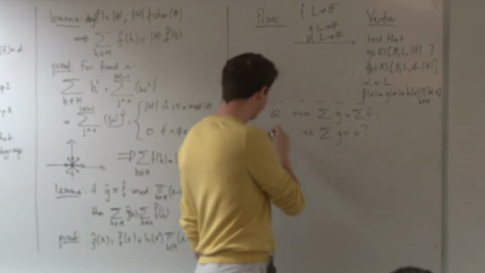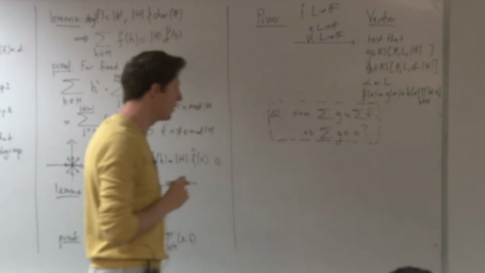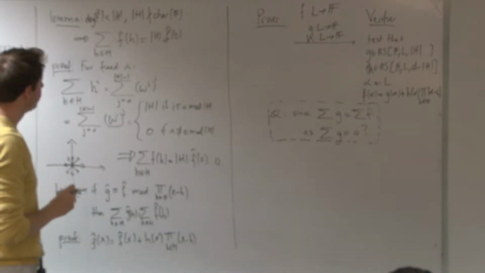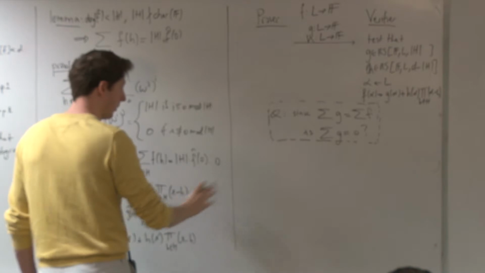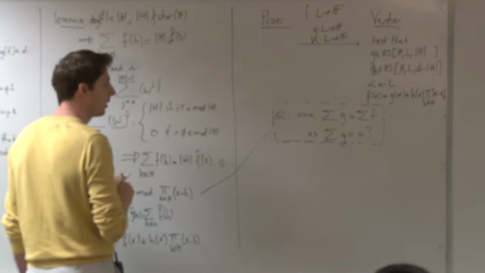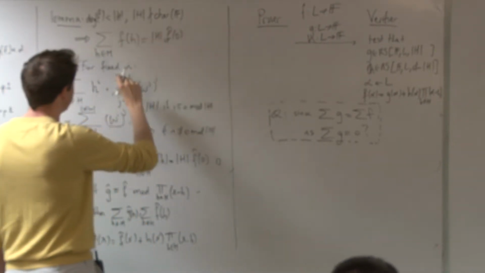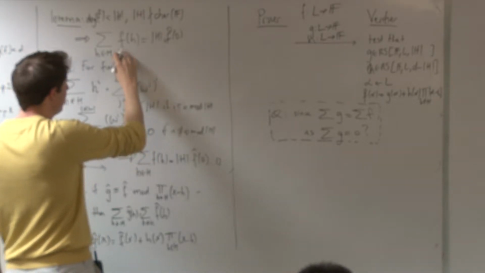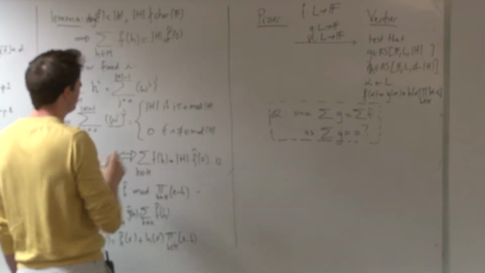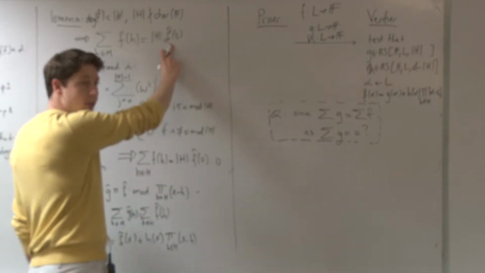So now all I'm left to do is to make sure the sum of g is 0. This part uses the lemma. We haven't really used this lemma yet, and I'm wondering about the sum of g now because I'm applying this lemma for g, and I'm wondering, when is it 0? Well, when g hat of 0 is 0.